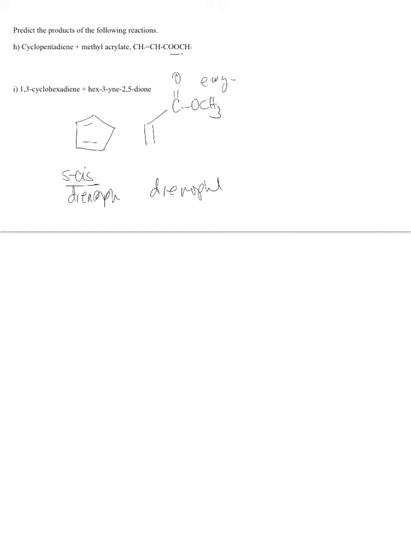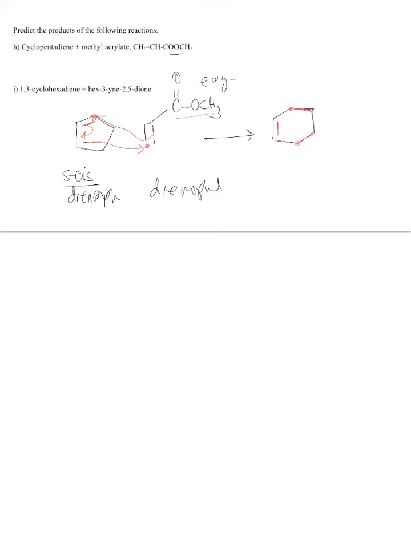And then this is a concerted, where these pi electrons will go to that carbon. These pi electrons will make the pi bond. These pi electrons will go to that carbon. And then we redraw this. I'm just going to go ahead and draw my six-membered ring with my alkene there, my new sigma bonds formed right here.